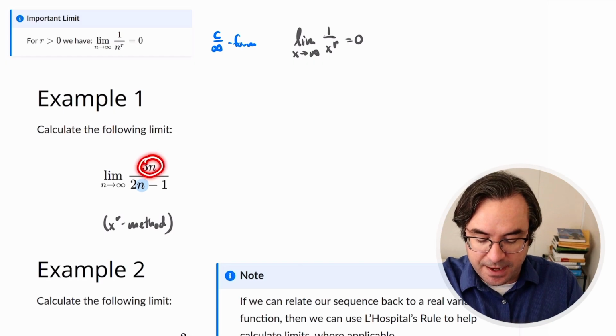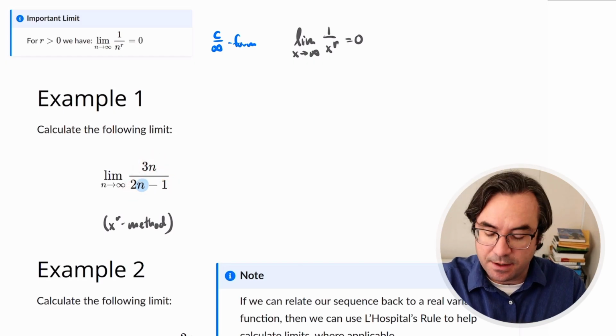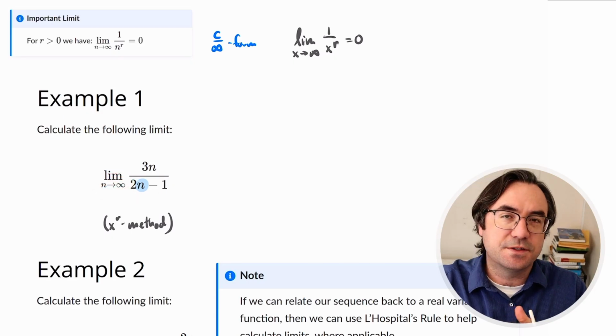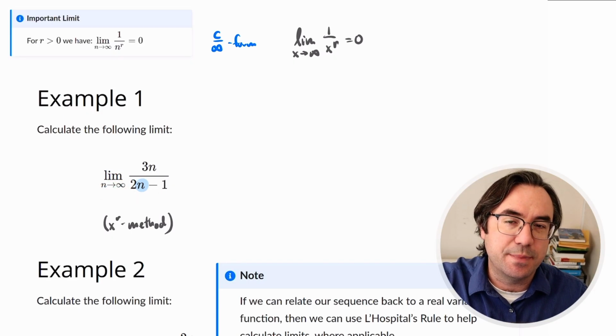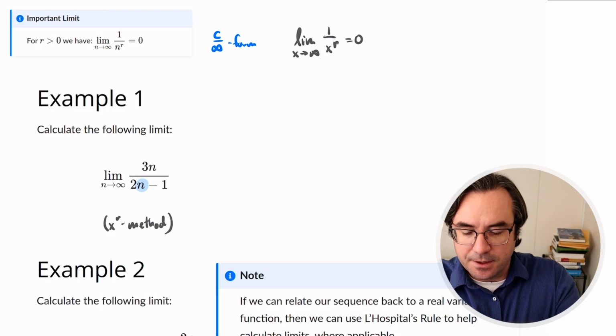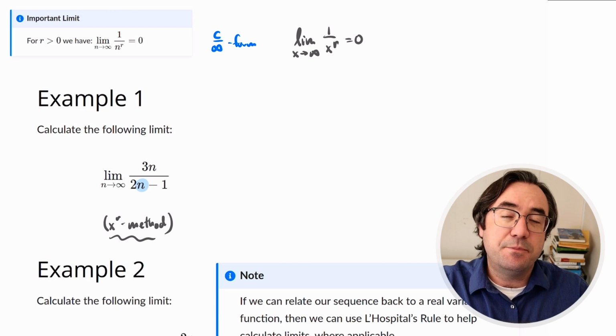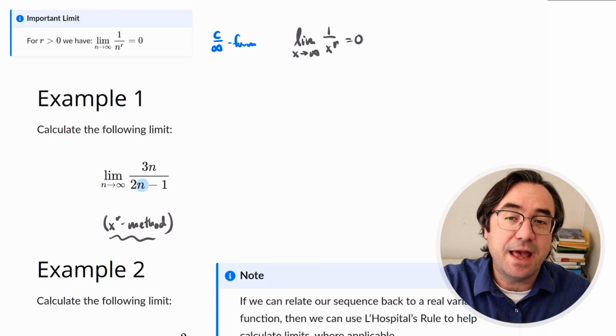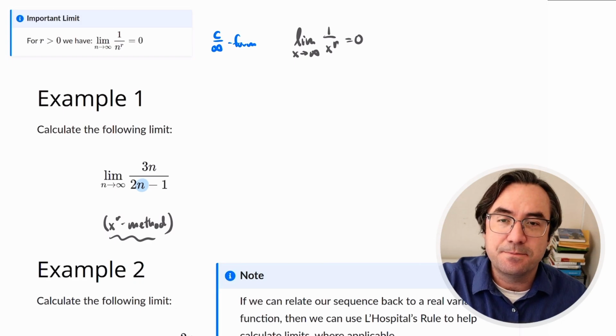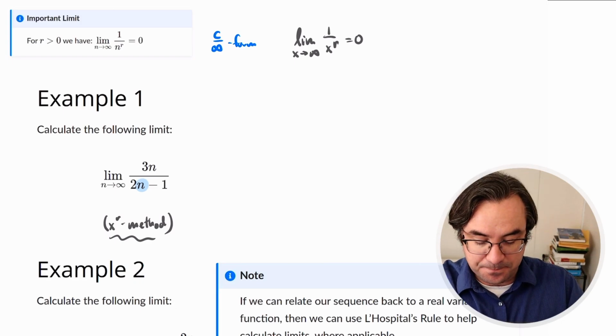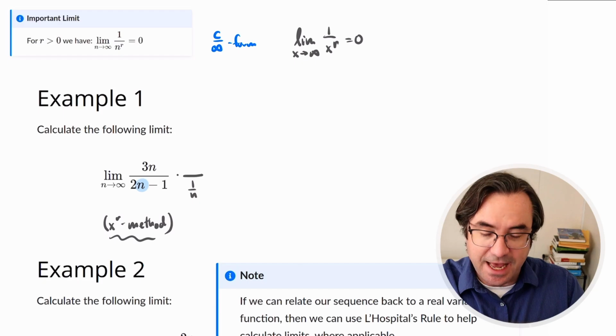All right, so we've got 3n divided by 2n minus 1, and we're interested in where this sequence is going as n gets bigger and bigger, as n goes to infinity. So we're going to employ this Calc 1 method of picking out the largest power of n in the denominator, and then just dividing everything by it. So in this case, the largest power is just n.